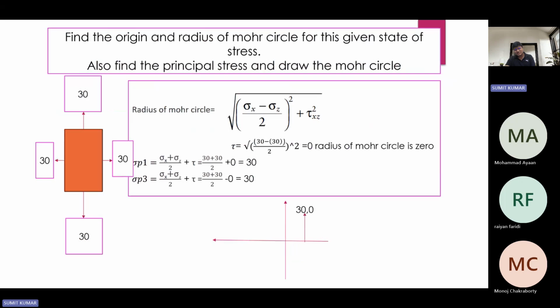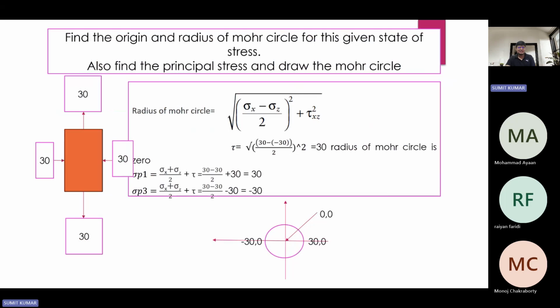Now you can see that another problem is given over here, in which the stress acting in the x direction is assumed to be compressive as minus 60, while the tensile stress acting in the z direction, the stress acting in the horizontal direction, is plus 30.